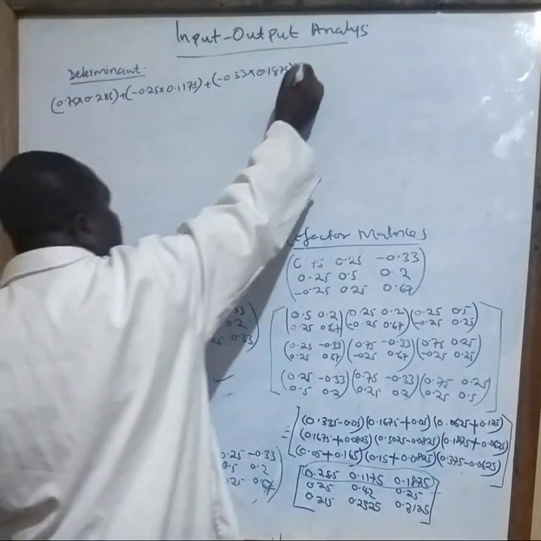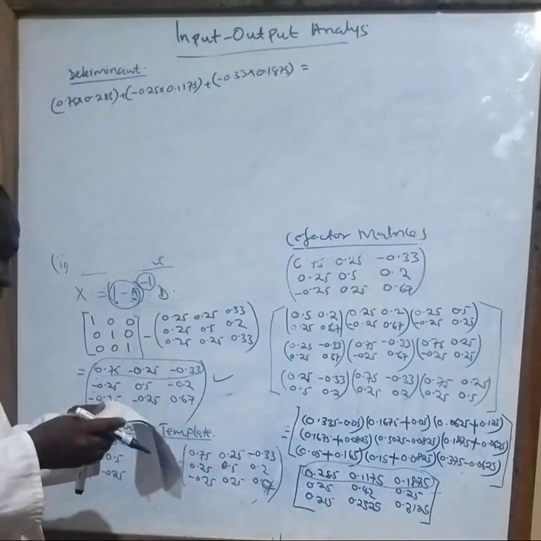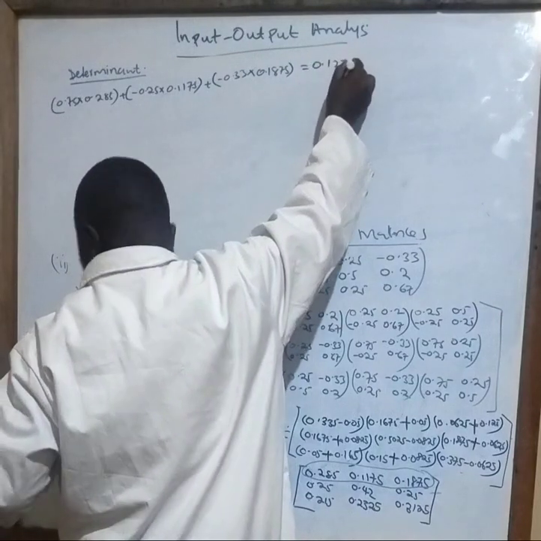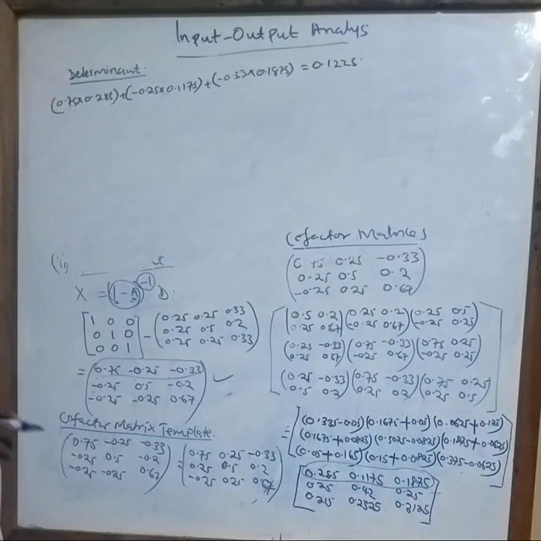So your final answer, when you work out using your calculator, your answer you get is 0.1225. So that is your determinant.